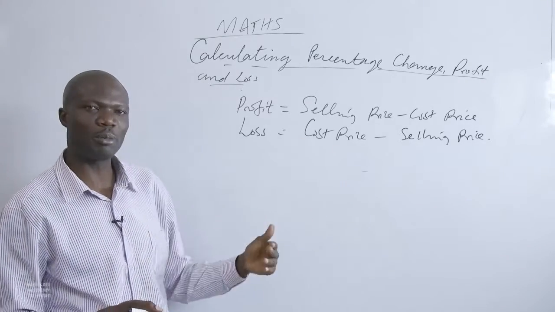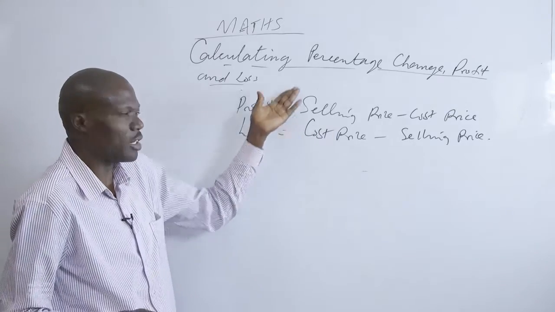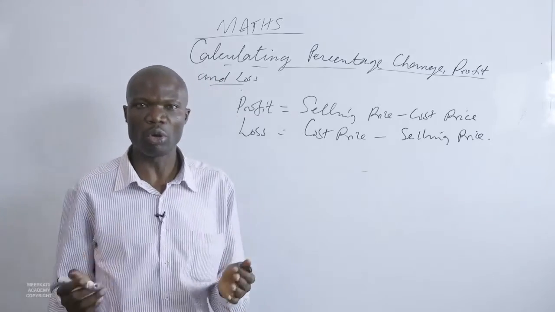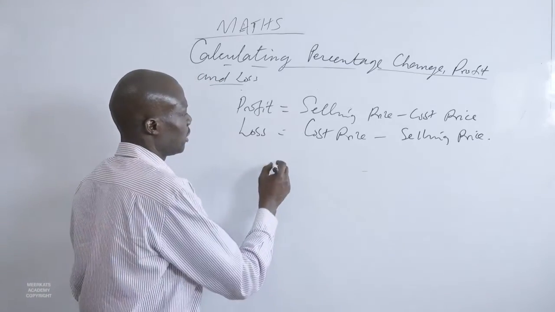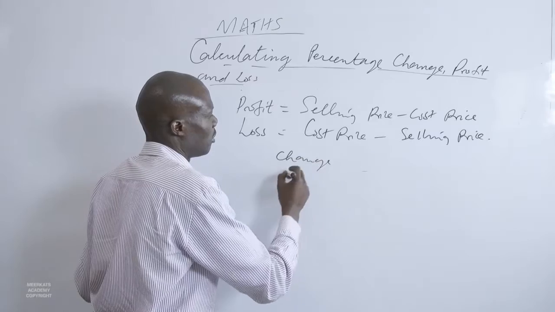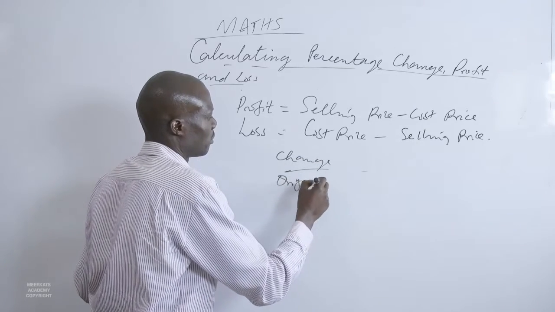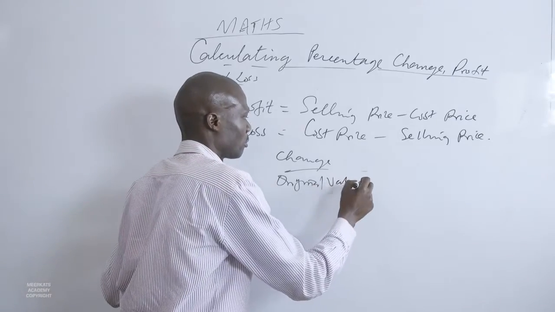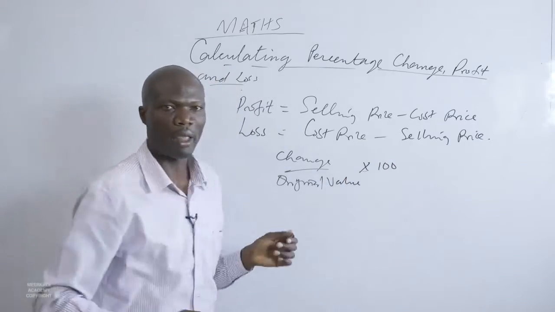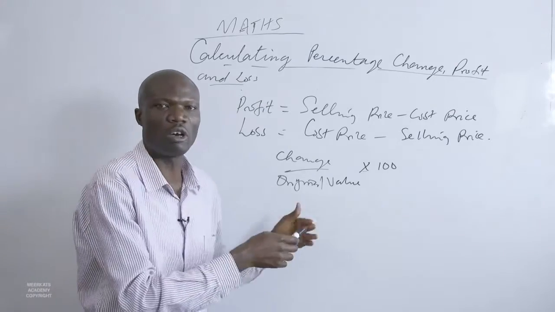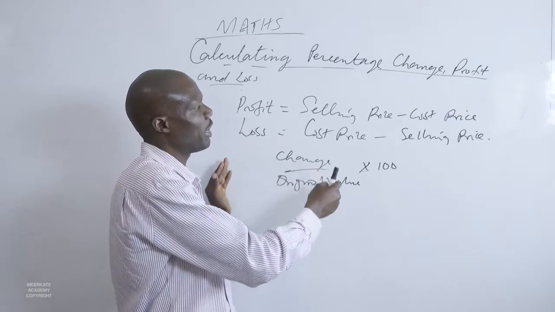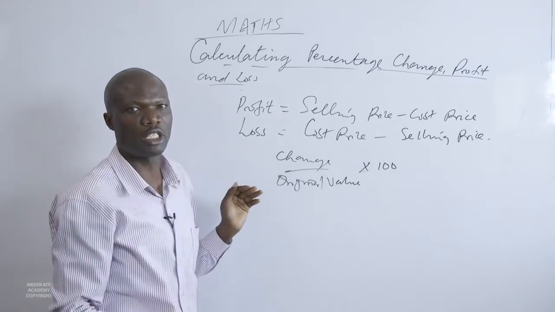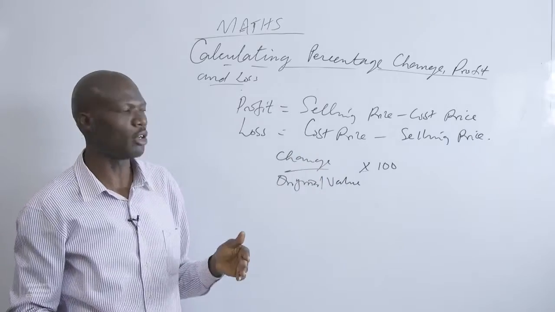So in calculating the percentage change, whether it was a percentage change in form of profit or in form of a loss, we would look at the change over the original value multiplied by 100. If you do this, you have been able to simply find the percentage change, be it positive change or negative change, as you can see on the side of the loss here.